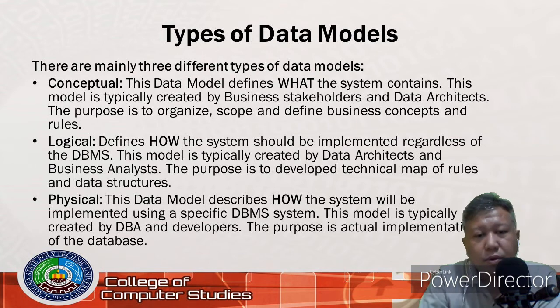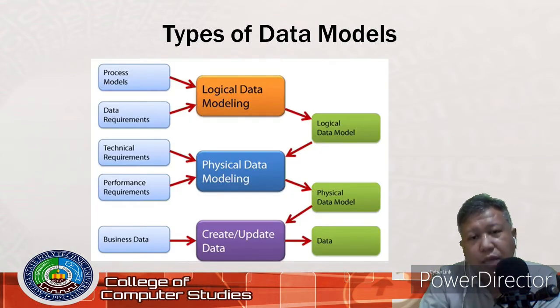Okay, so, itong figure na pinapakita ko sa inyo ngayon, ayan. So, ang input ng logical modeling, process models and data requirements. So, before ka makapag-model ng data, kailangan alam muna natin ano yung processes ng systems na ginagawa natin.